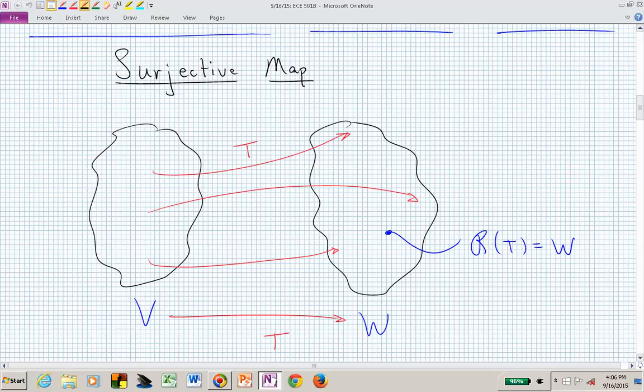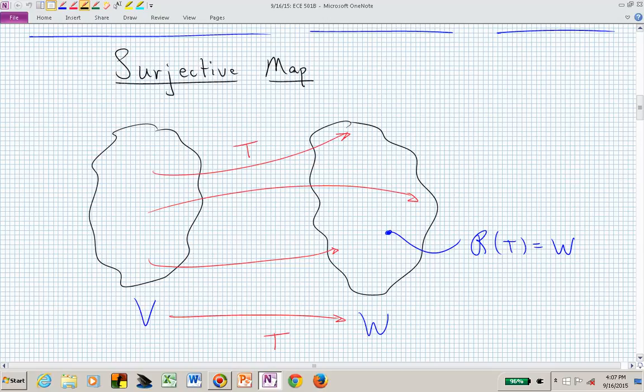We have this surjective map, and this one is trying to show that wherever we start in the domain, we actually can get anywhere, everywhere in the codomain. That's a surjective map. There's not a subset of the codomain that we can get to. We can get to every place. That's what this cloud picture is supposed to be illustrating.